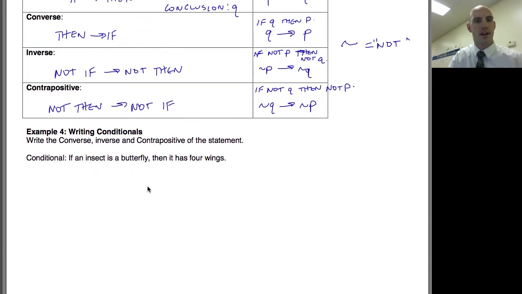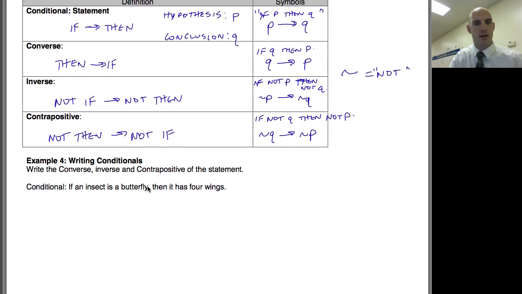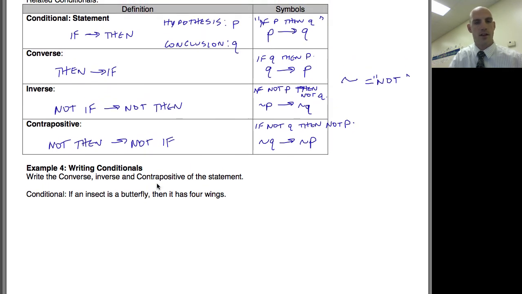Here is a conditional statement. If an insect is a butterfly, then it has 4 wings. So that's this one. It goes in the if-then. And so here's my hypothesis, and here's my conclusion. This is my P, and this is the Q.